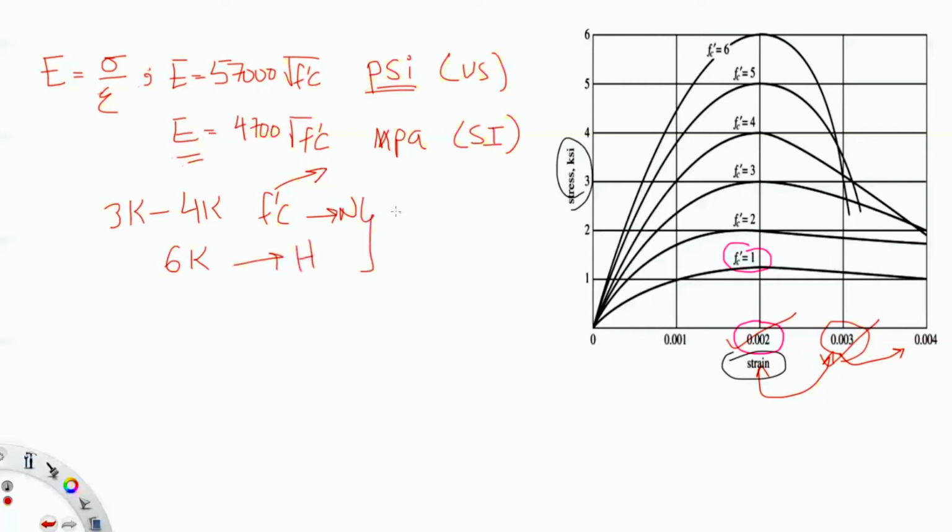In SI units, it ranges from 28 megapascal up to 40, and it can even go up to 60 or 90 megapascal.